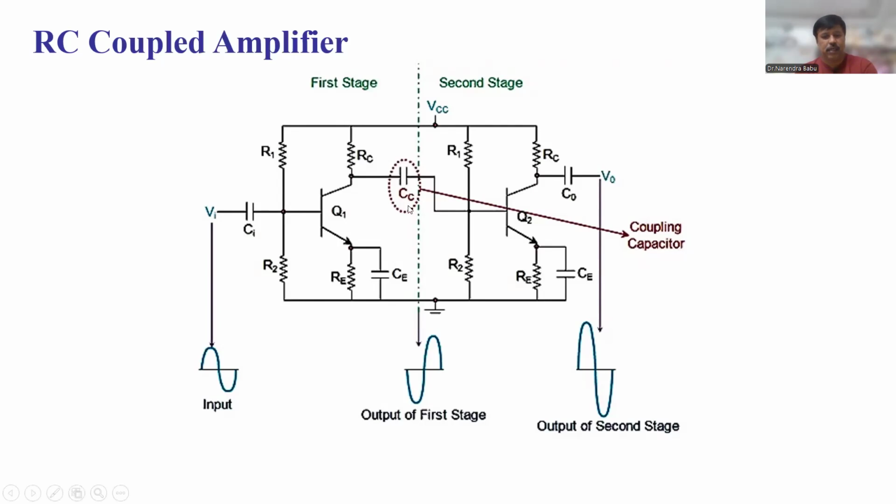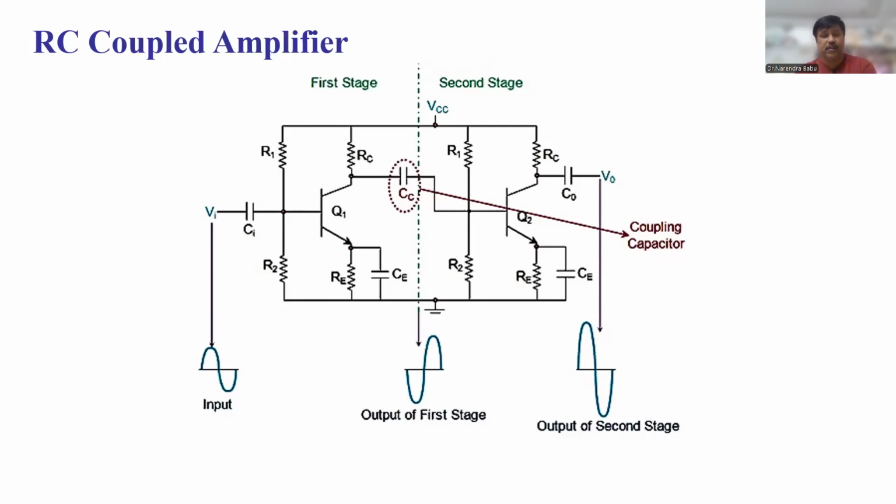The CC is the coupling capacitor that connects two stages, prevents interference between the stages, and controls the shift of operating point. If you see why it is called an RC coupled amplifier, it is a combination of R and C. So that is why it is called an RC coupled amplifier, right?